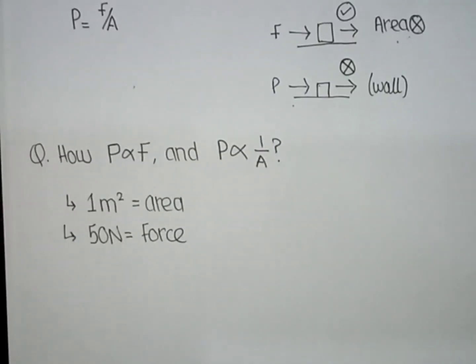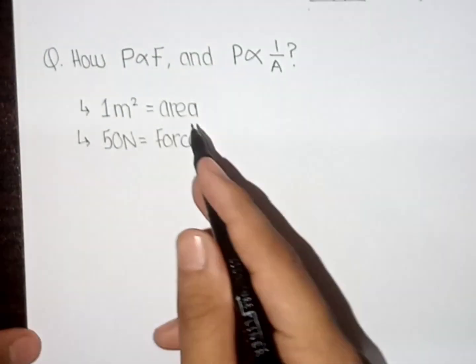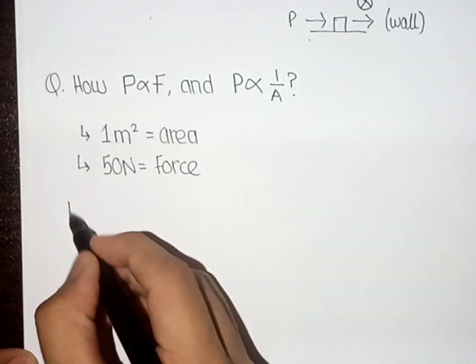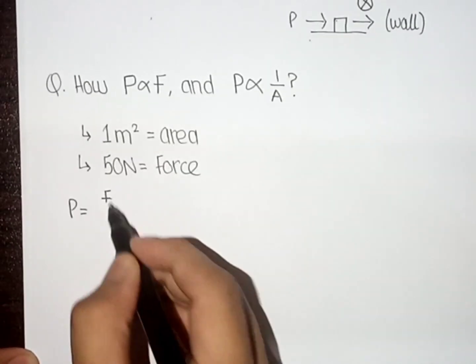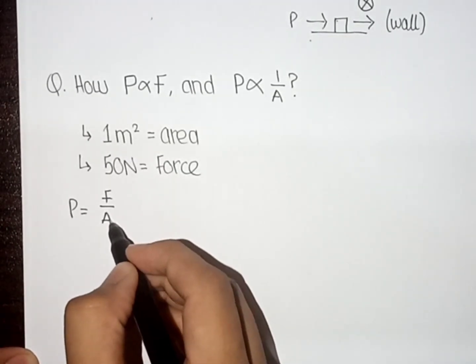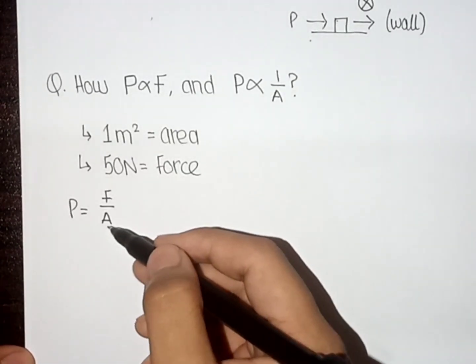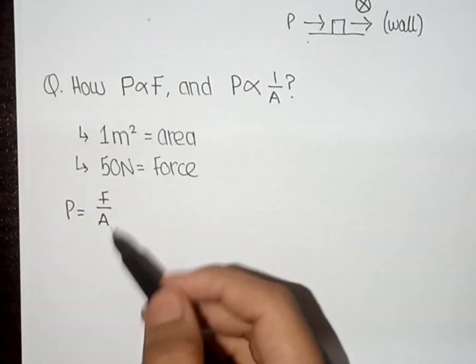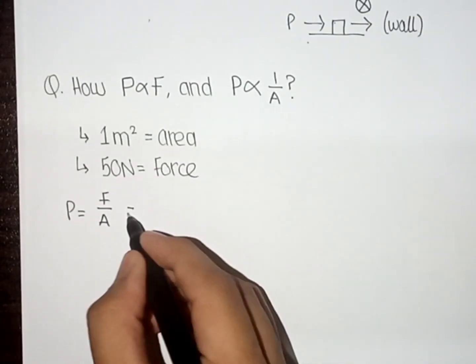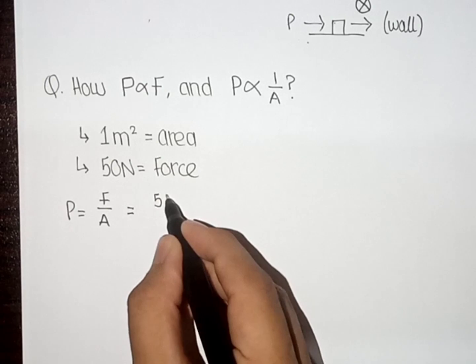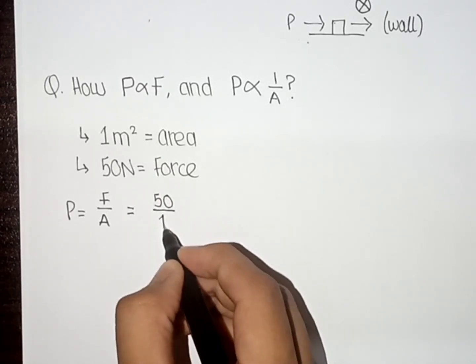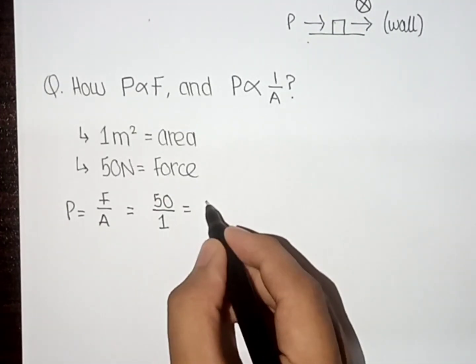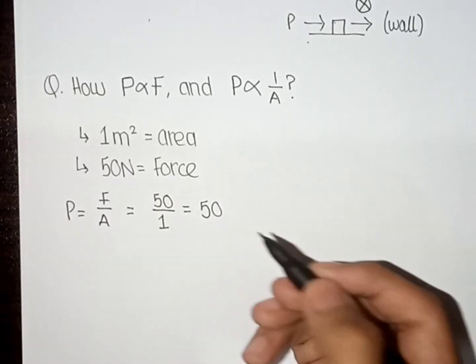Okay, now we'll divide it. In pressure, force is divided by area. Force never multiplies, it divides by area. So we'll put the values now. 50 upon 1 is equal to 50.